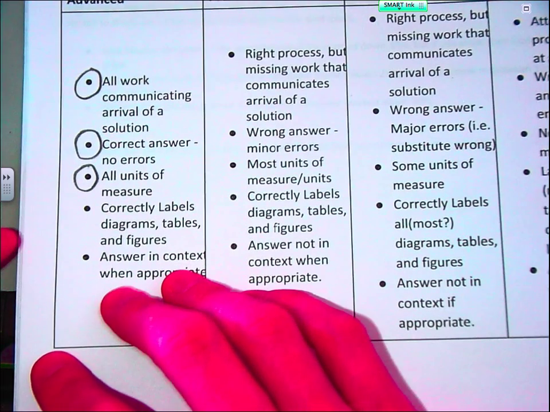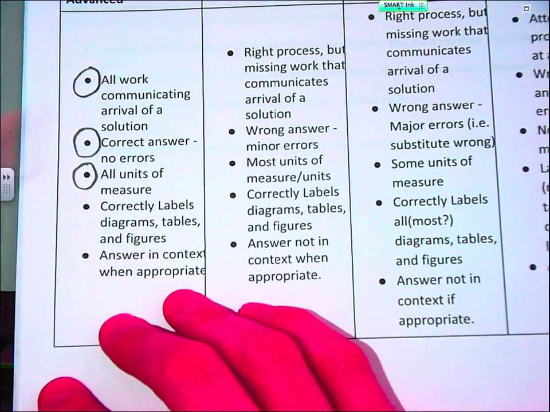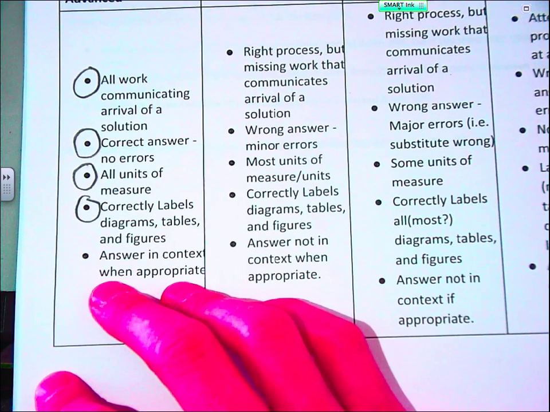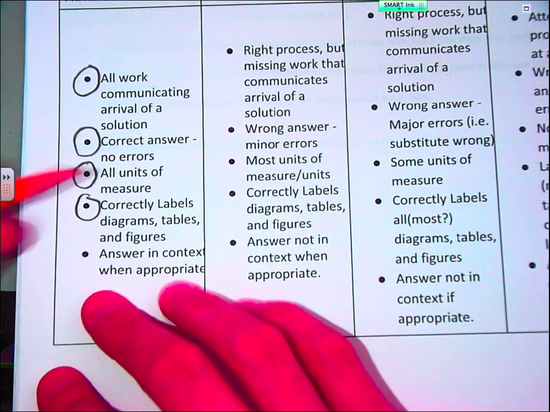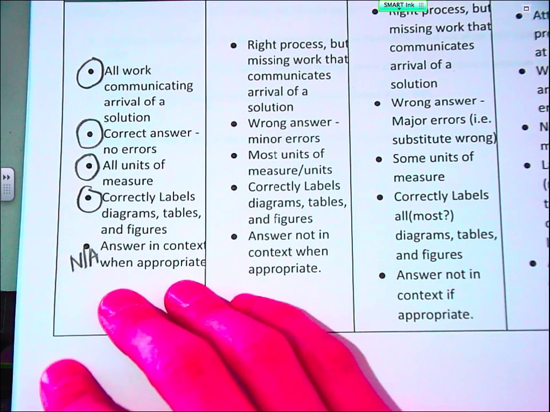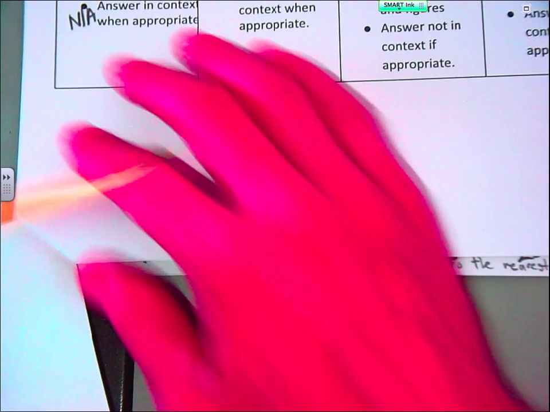So if it's money, make sure you're putting dollar signs in. I did correctly label when I was scaling up or scaling down my equivalent ratios. And then this last one, we made most of these, so this one doesn't really apply. So we don't have to worry about that one for right now. Okay? So that's the second part.